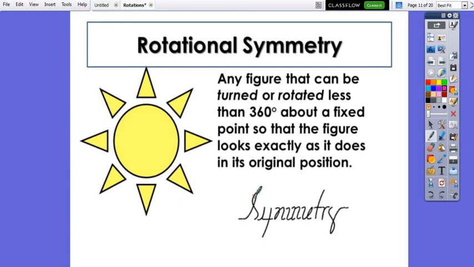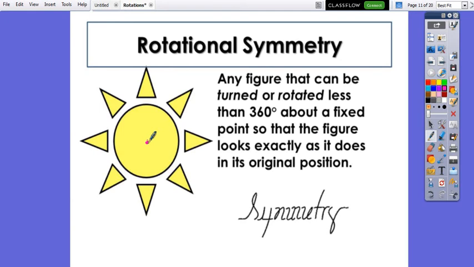All right, rotational symmetry. This is very important. When you were in my algebra class, we talked about rotational symmetry. Some of you were not in my algebra class, but if you were, we talked about rotational symmetry and even and odd functions. An odd function is a function that has 180-degree rotational symmetry. Which means if I were to turn this paper upside down, it would look exactly the same.